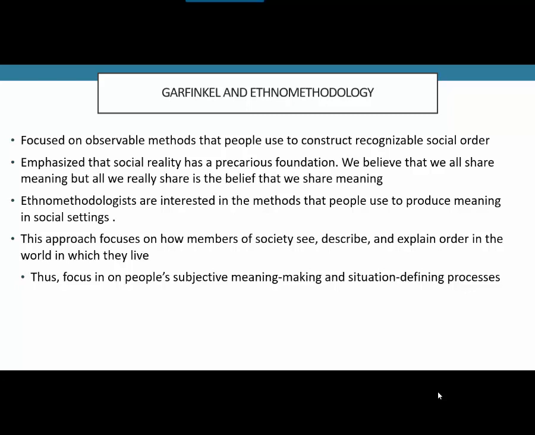And they're thinking the same thing about us. And so ethnomethodologists are interested in how people produce meaning in social settings, with the understanding that this is subjective, and therefore people don't necessarily really know if people share their interpretation or not.